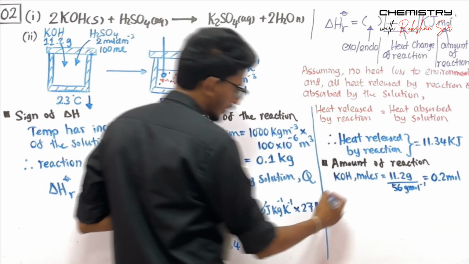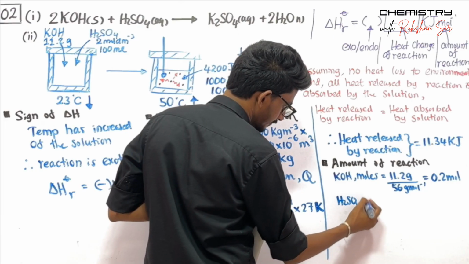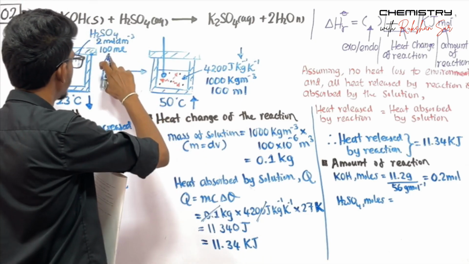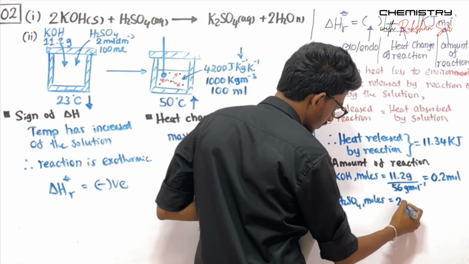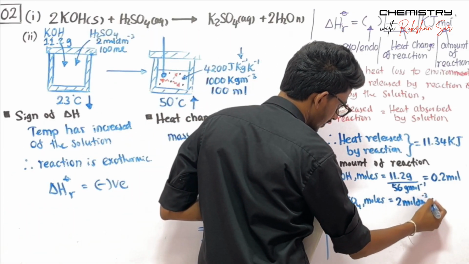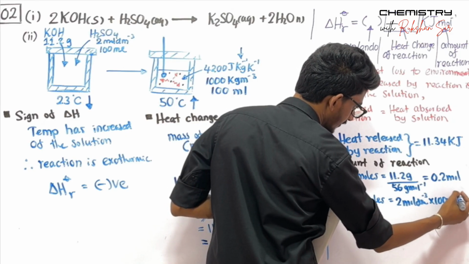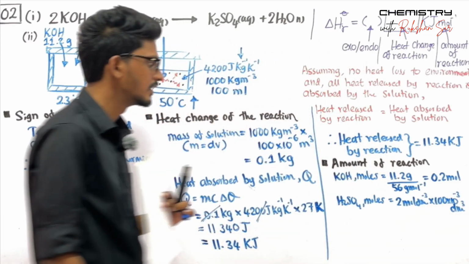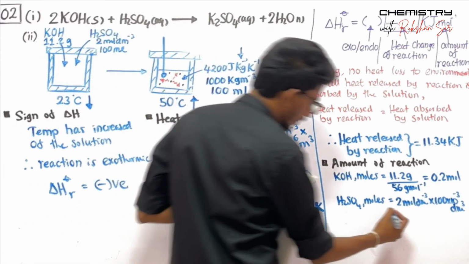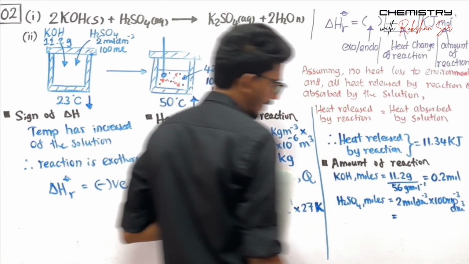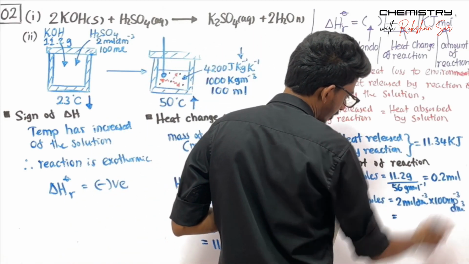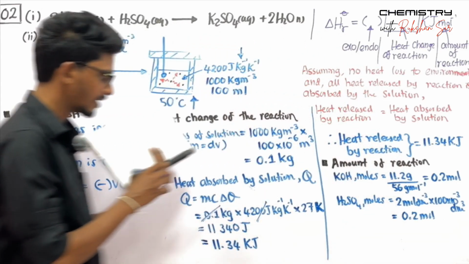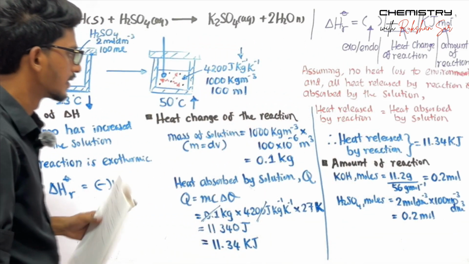So for the H2SO4, it's C times V: the concentration is 2 molar, and 100 milliliters, that is 100 times 10 to the power minus 3 decimeter cubed. So 200 times 10 to the minus 3, that is 0.2 moles. So which one is limiting?